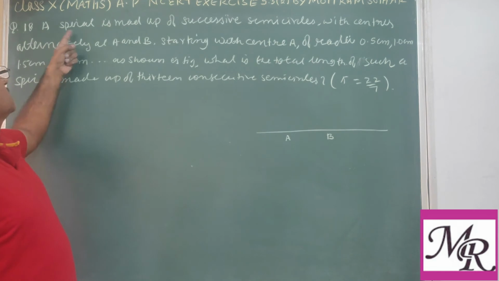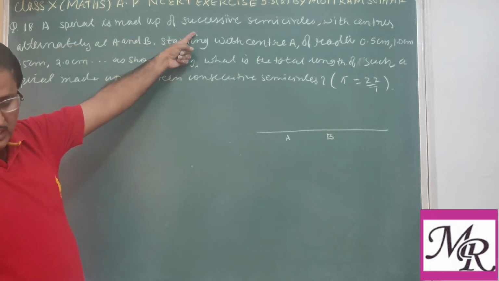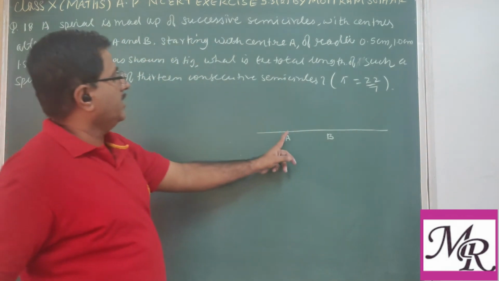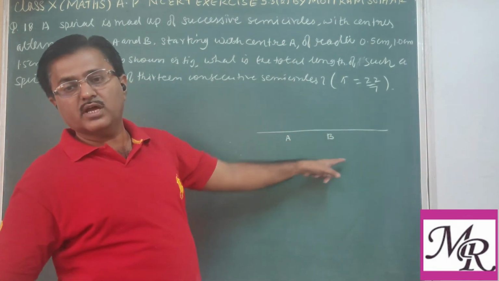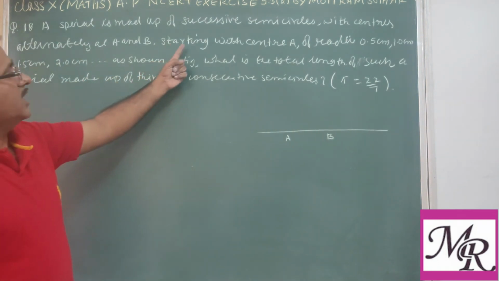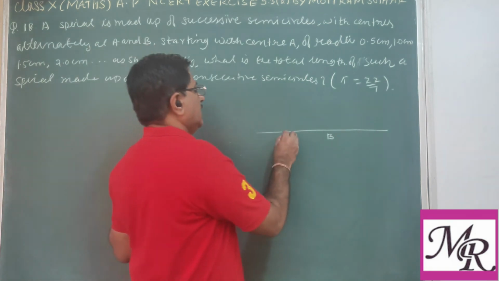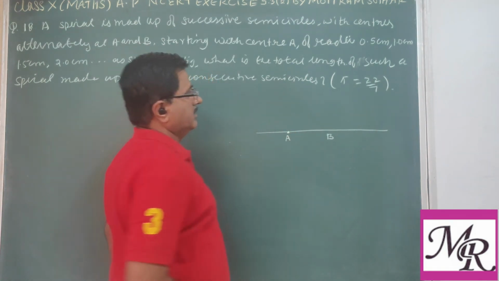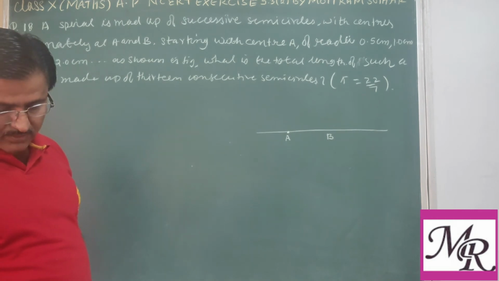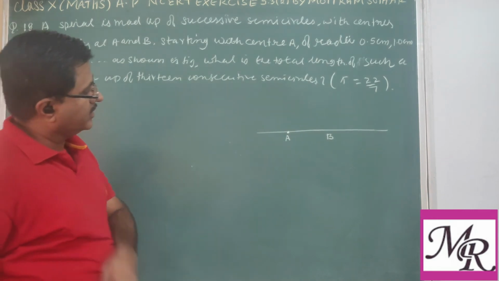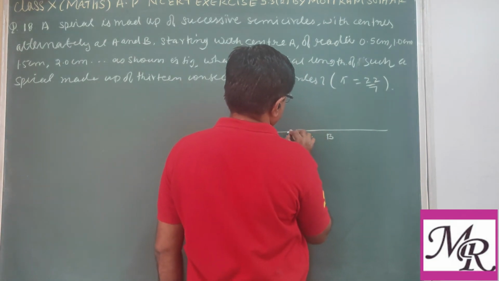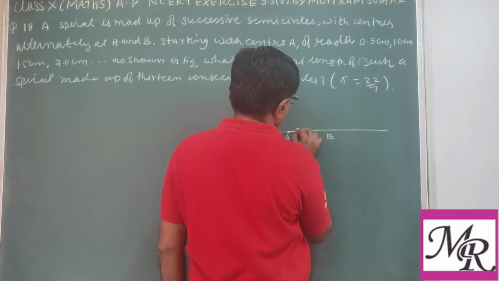So the spiral is made up of semicircles with centers alternating, one time A, then B, then A, then B. Now we are starting with center A. So first we take center at A with radius 0.5 centimeter, which is already given.